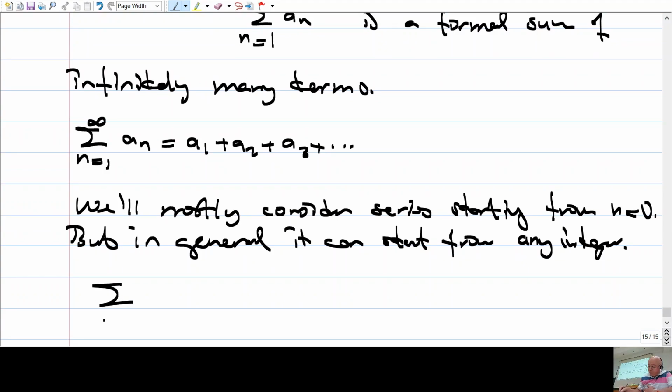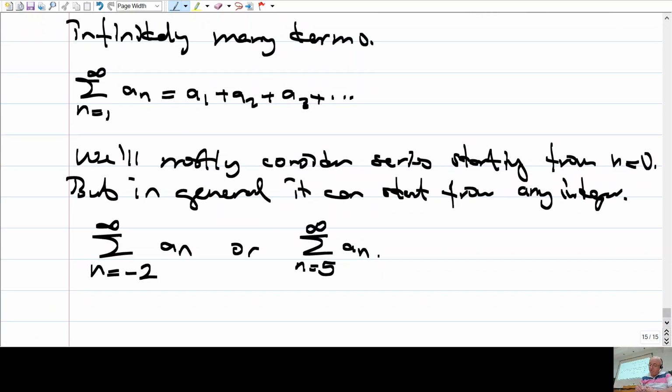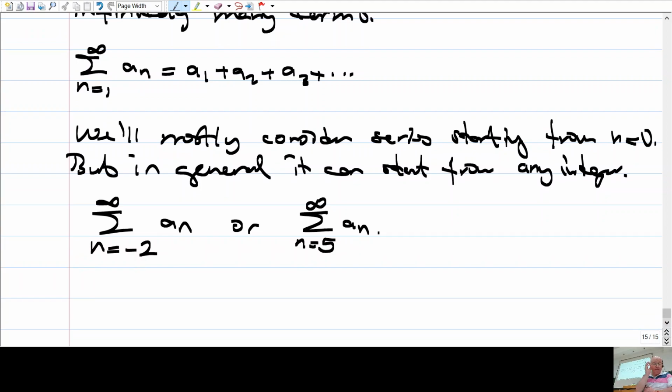So I can consider a series like n equals minus 2 to infinity of an, or n equals 5 to infinity of an. Usually we write from 0 to infinity, but this book usually takes from 1 to infinity.